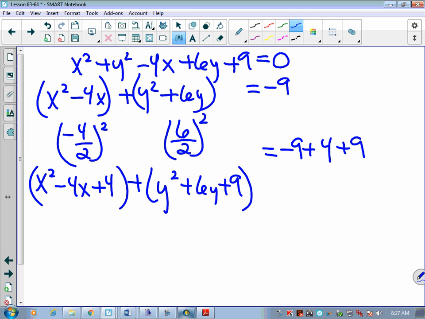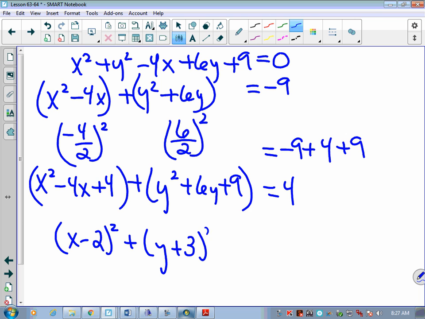I'm left with 4. Now we can simplify this down. It becomes (x minus 2) squared, right? Do we understand how to get that? Plus (y plus 3) squared equals 4.